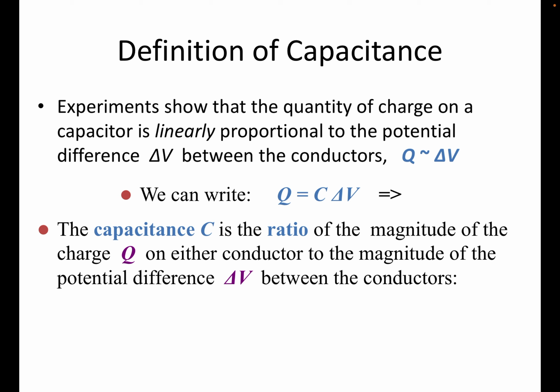The amount of charge Q a capacitor can carry is directly proportional to the potential difference, delta V. The constant of proportionality is the capacitance C. So we can write it as Q equals C times delta V. We define capacitance as the ratio of the charge on either conductor.